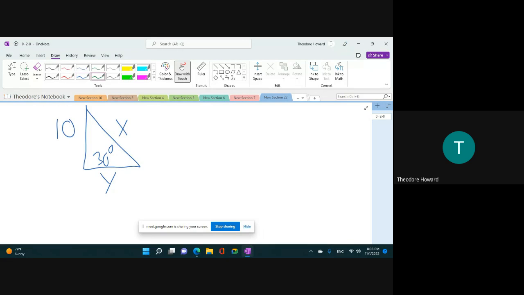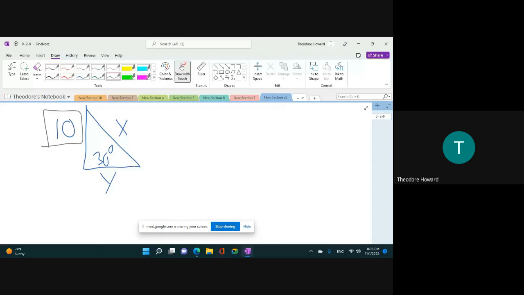I'm going to take care of this one for you, just so you can have some time saved. Let's go ahead and do y. In this case, because it's on this side, you want to double this guy.